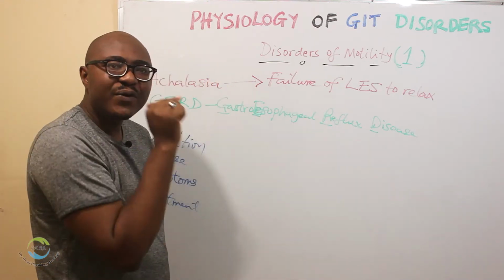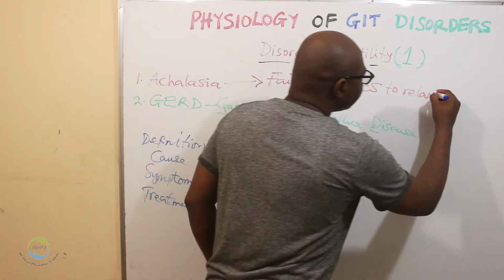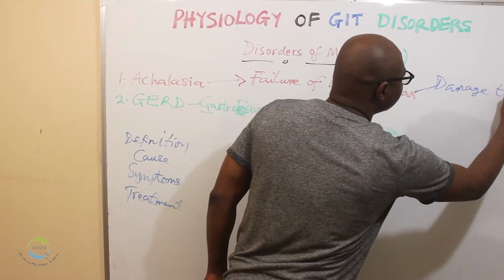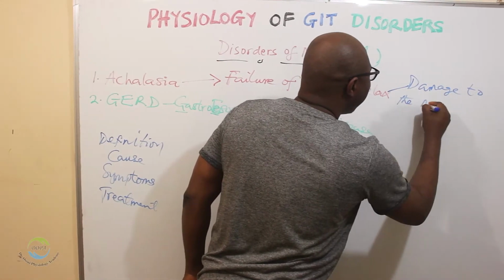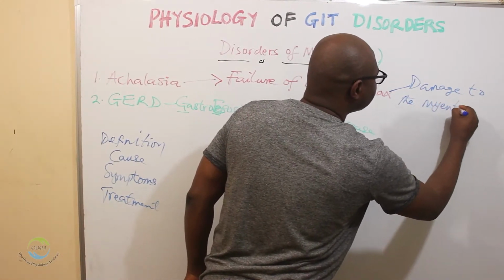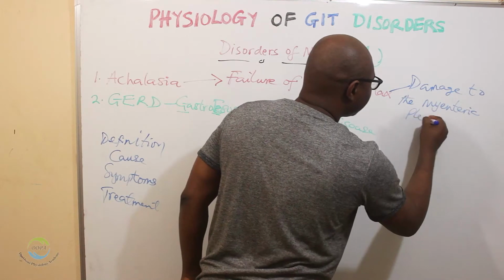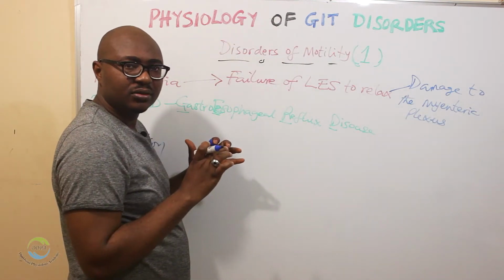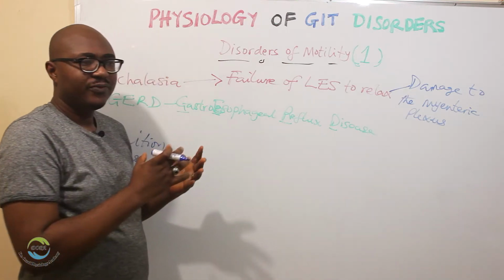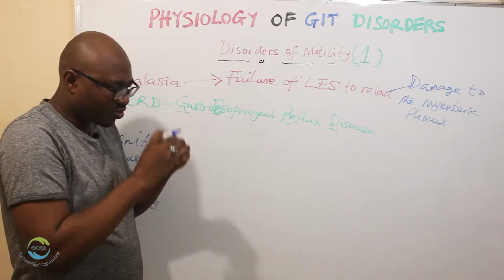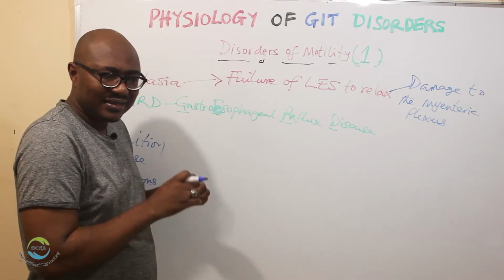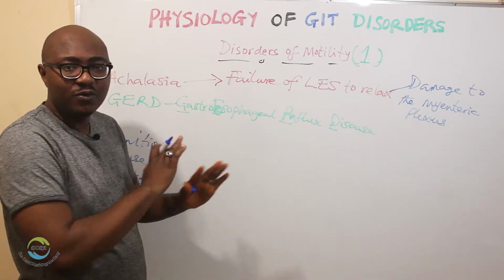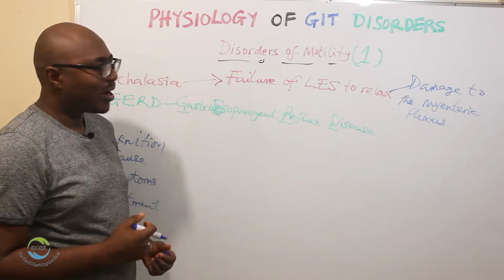So there is damage to the myenteric plexus in that region, just that region. Okay? So now food cannot pass. It cannot contract well and relax to allow food through. It just doesn't function.